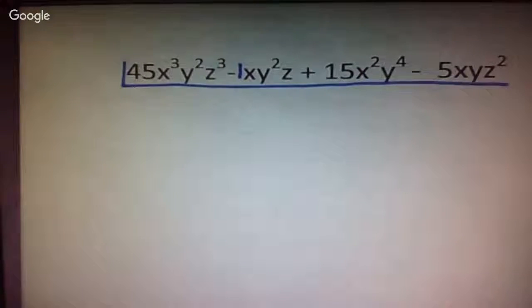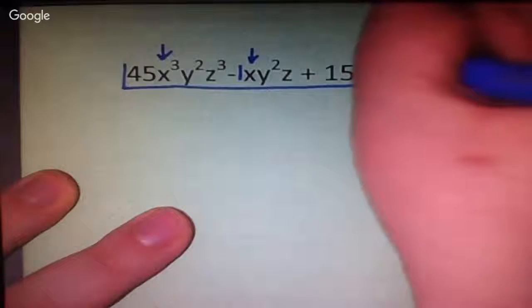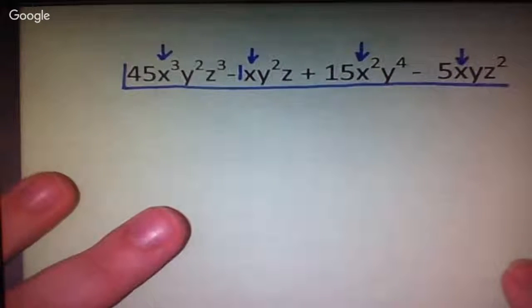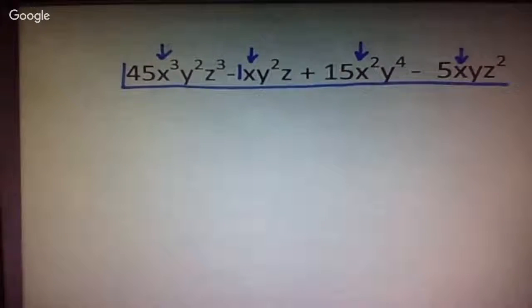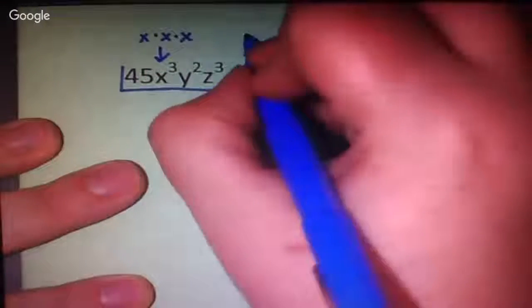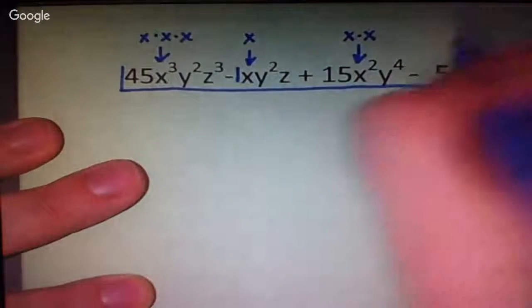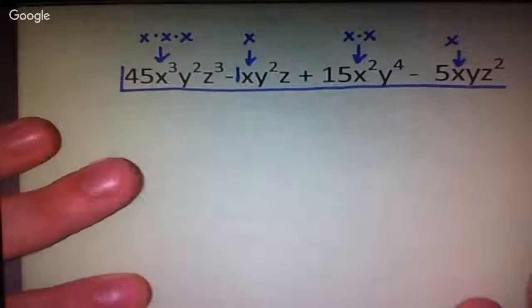Now take a look at all 4 terms. This has x cubed, this has an x, this has an x squared, and this has an x. X cubed means I have how many x's? 3. X times x times x. There's just 1 here. X squared means I have 2, and this means I have 1.